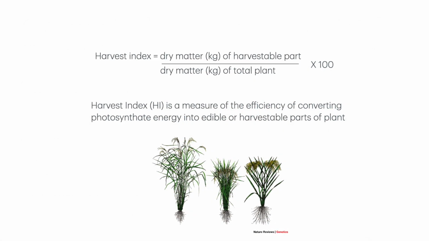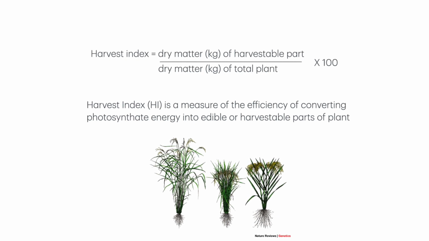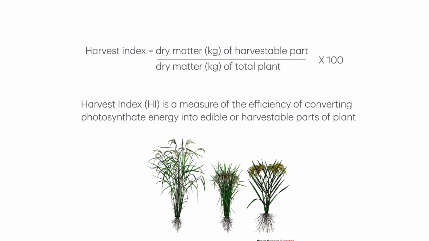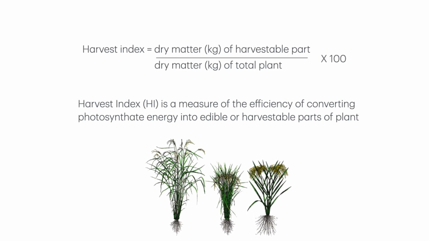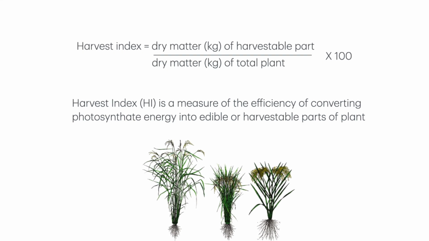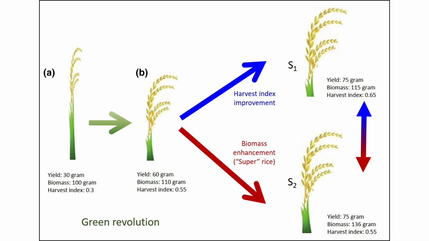Agricultural scientists call the proportion of the harvestable part of the plant the harvest index. And they use this understanding to manipulate and breed for plants that have a better harvest index. So they get more food per plant.